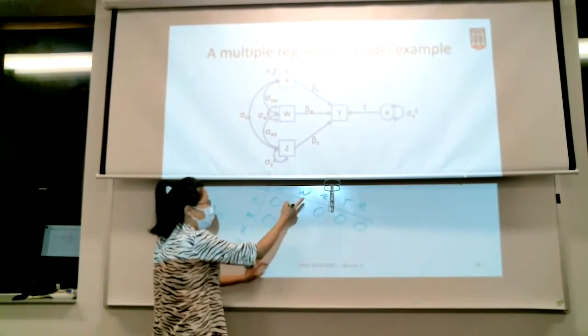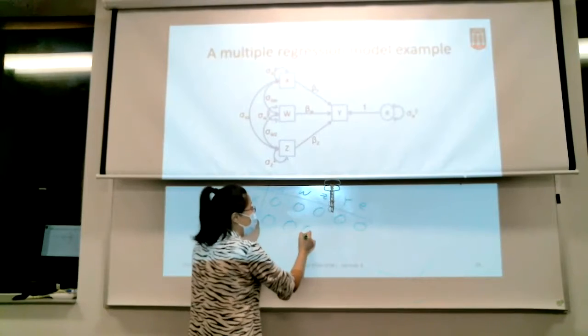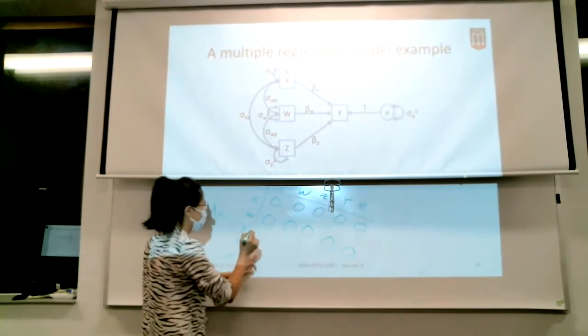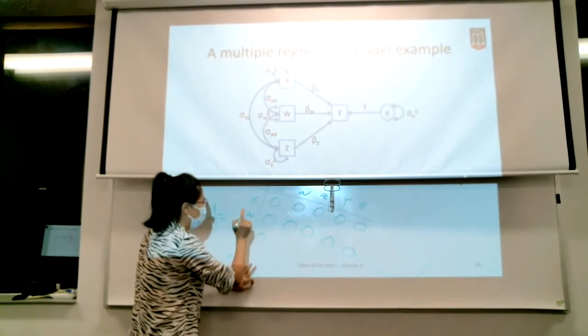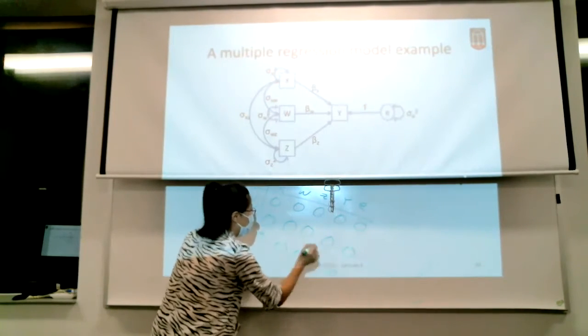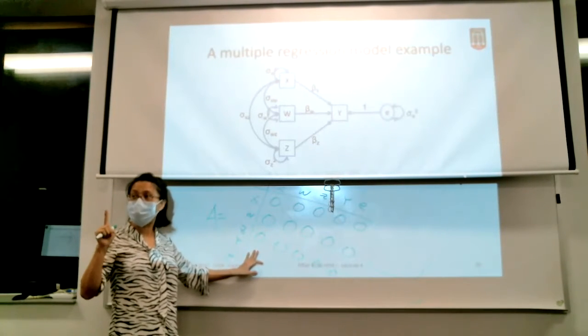No. From W to W? No. From Z to W? No. Y to W? No. E to W? No. From X to Z? No. W to Z? No. Z to Z? No. Y to Z? No. E to Z? No.